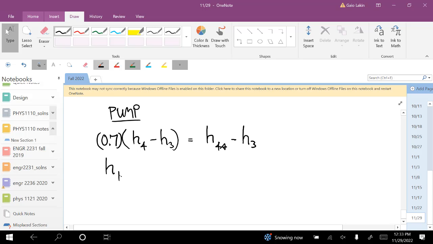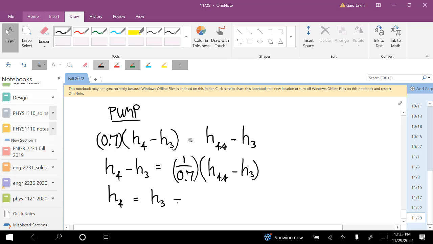So H4 minus H3 is equal to 1 over 0.7 times the quantity H4S minus H3. So H4 is equal to H3 plus 1 over 0.7 times the quantity H4S minus H3.